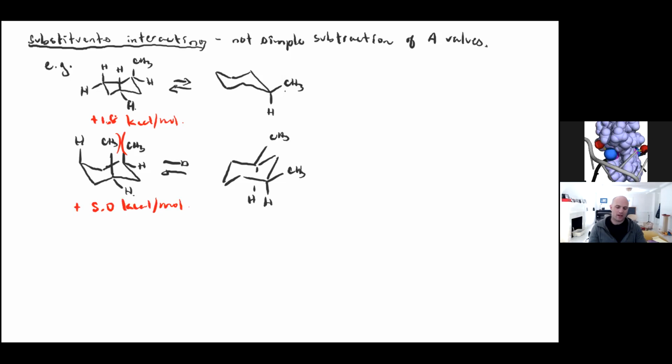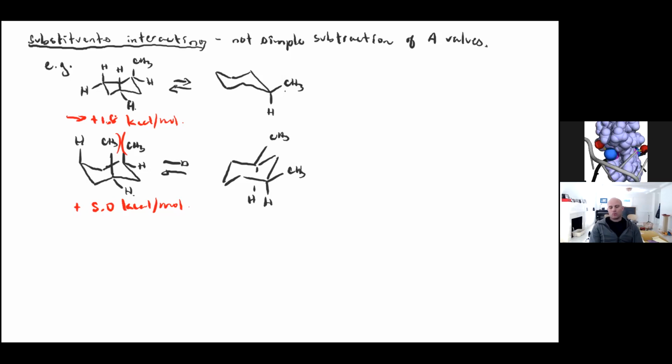And you might be able to intuitively appreciate this. The 1.8 here on the top derives from the interaction of that methyl group with two hydrogens. Whatever the value is for the structure on the bottom, the methyl group is interacting with one hydrogen plus another methyl group, and so it's a much more destabilizing interaction.